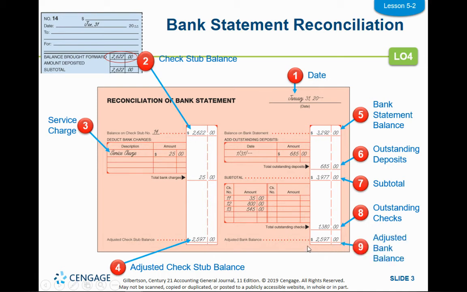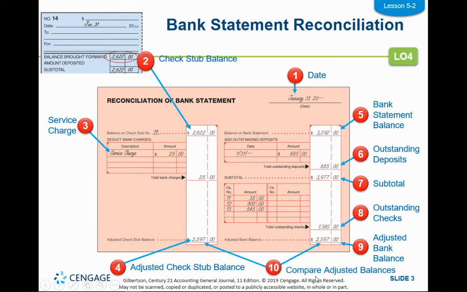And these two need to balance. And if they don't, then you have lots of different things you can do to figure that out. You go back through, make sure you have all your checks written down, that you have them all recorded. Double check through the bank account to make sure that they haven't made a mistake. But that's the goal, is to make these two things balance. If they don't, you should not move on until you've found that error.